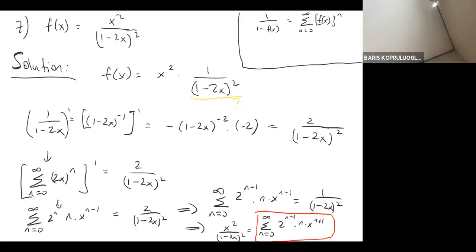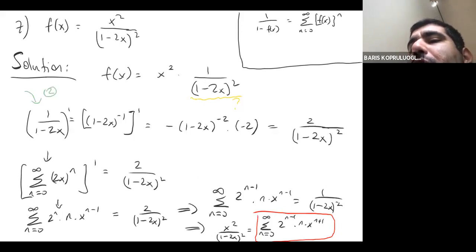I think this should be the right answer. And as far as the partial credit, this problem is worth 6 points. If you got the R correct, you get 2 points. And if you think of the derivative, the taken derivative of 1 over 1 minus 2x, you get 2 points.